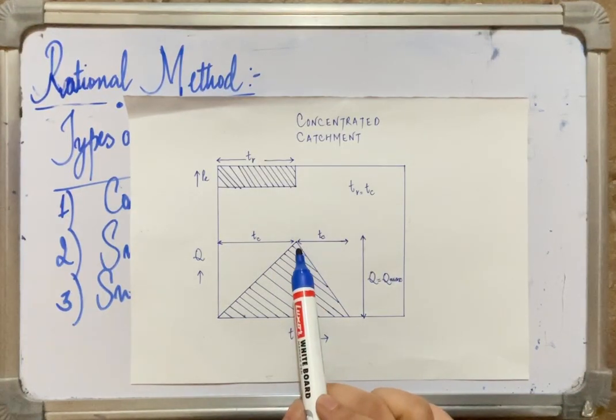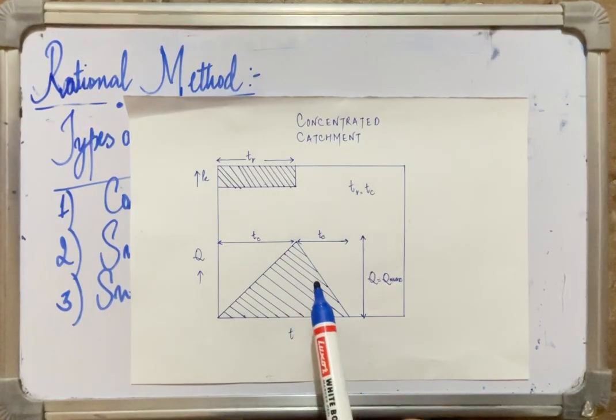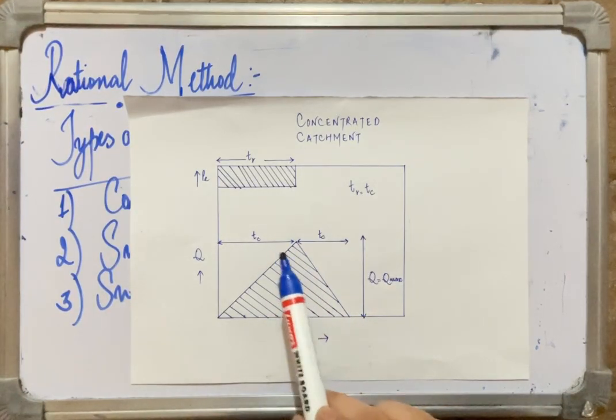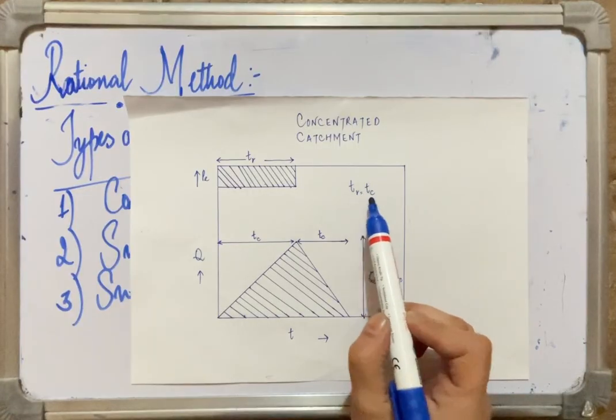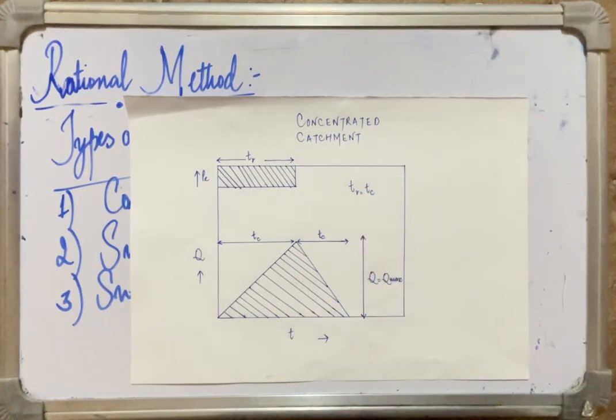Therefore, when the rainfall stops, the flow gradually recedes to zero and the recession limb is asymptotic, and the effective rainfall is also shown in the figure. I have shown a typical hydrograph, and this is the concentrated catchment response. In this type of response, usually these two are equal, the rainfall duration and the time of concentration.